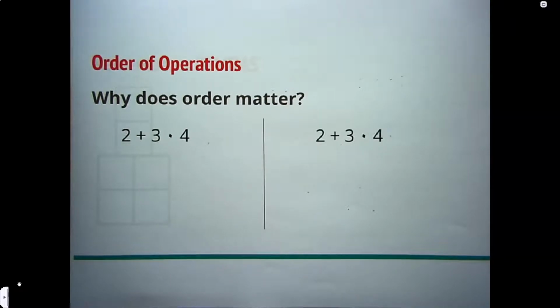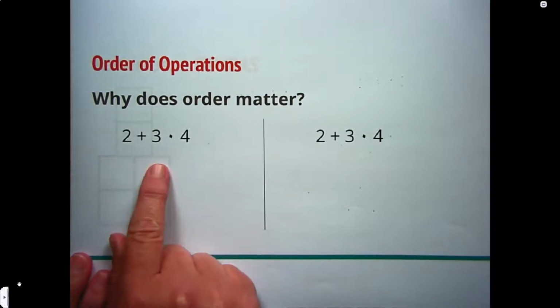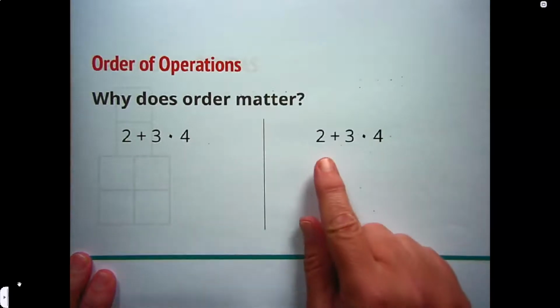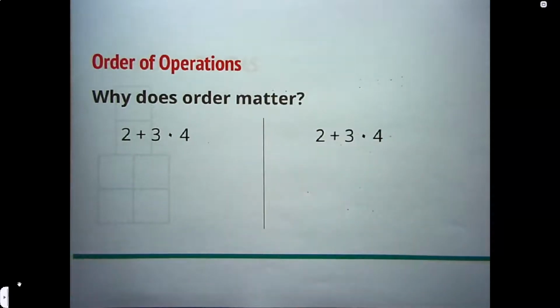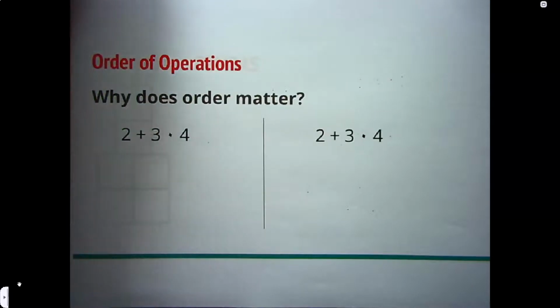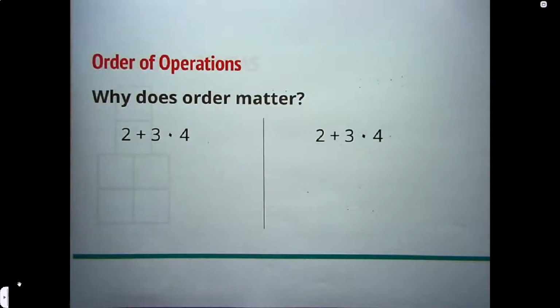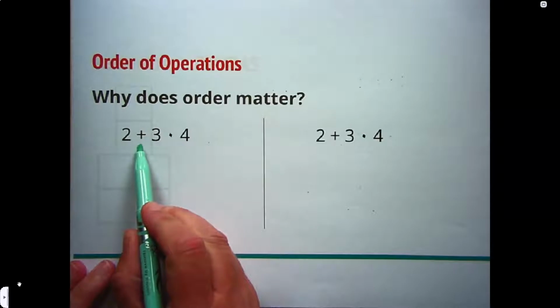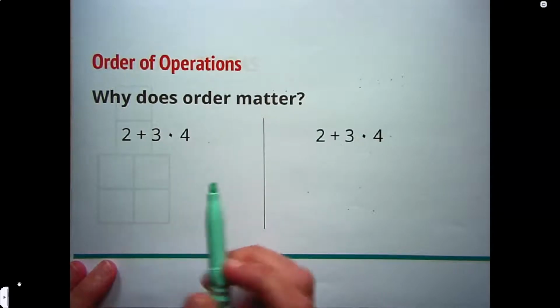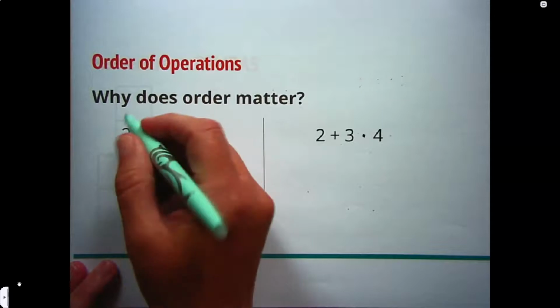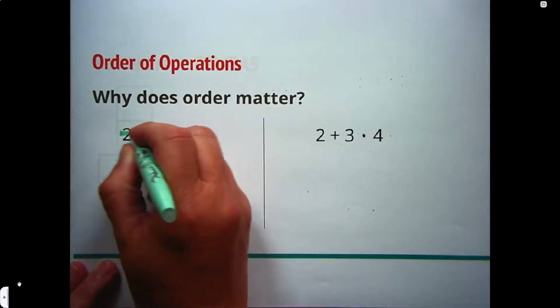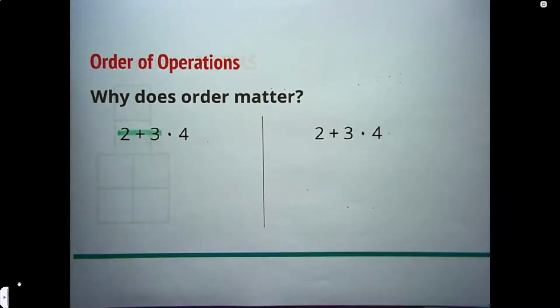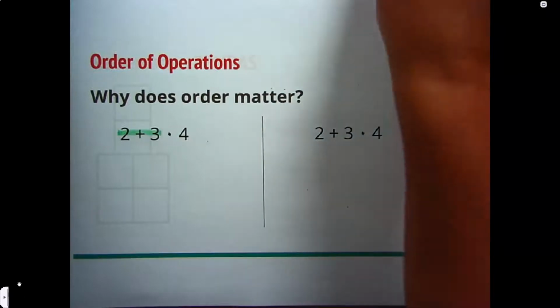So in math as well, we're going to see here that order matters. So I want to show you that just for a minute. You'll notice I have the same problem on my paper twice. I have 2 plus 3 times 4. And then over here I've repeated that, 2 plus 3 times 4, just so I can show you this idea that order matters. Now, when I work this first problem, I have two operations to do. I have to add and I have to multiply. So I could decide, okay, I'm going to do 2 plus 3 first.